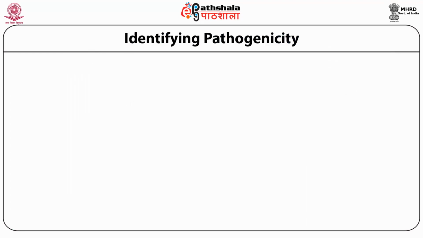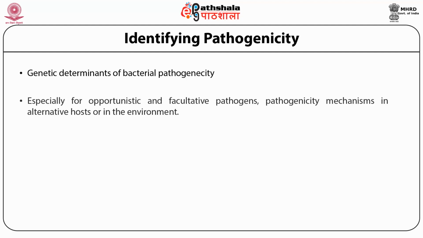Over the last several years, molecular and genetic strategies have been developed to identify genetic determinants of bacterial pathogenicity, especially bacterial virulence determinants. Genetic determinants of bacterial pathogenicity are important to identify which pathogen it is and what its virulence will be. Especially for opportunistic and facultative pathogens, it is important to identify the pathogenicity mechanism in an alternative host or in the environment.